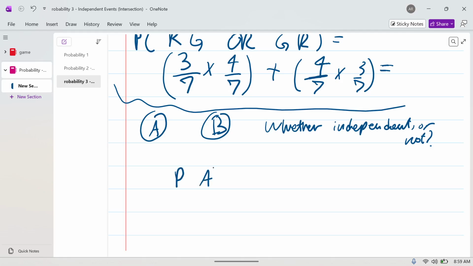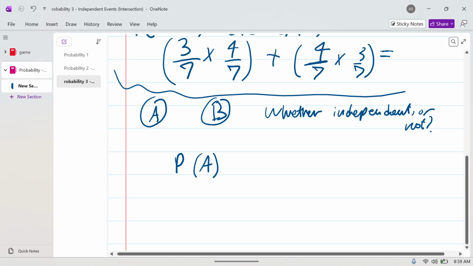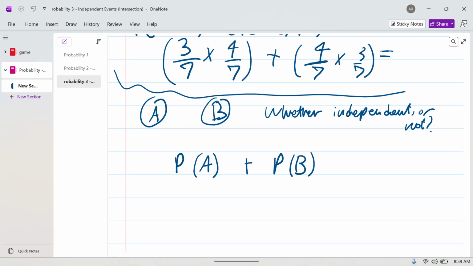The probability of event A plus the probability of event B should be equal to the probability of A intersection B, right?